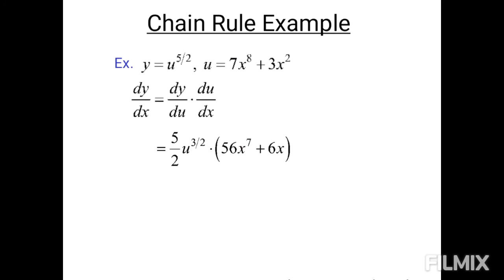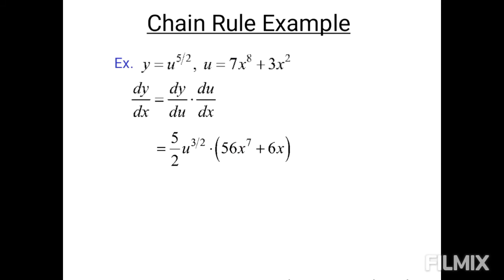We have the derivative of u raised to 5 halves. By the use of our power rule, the answer is 5 halves u raised to 3 halves, multiplied by the derivative of this value u.